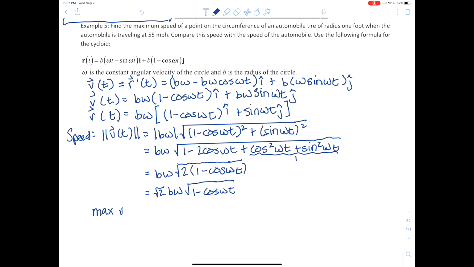But cosine at pi, right? If omega t was equal to pi, wouldn't you get 1 minus negative 1? So you'd get 2 in there. So the max value occurs when omega t is pi.